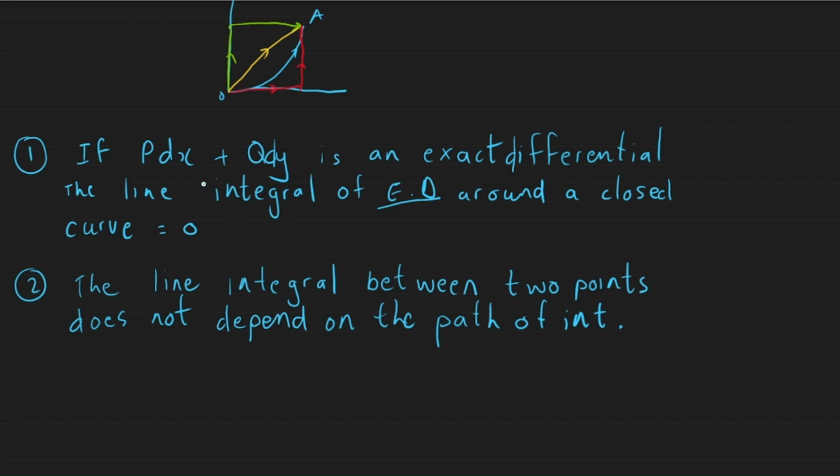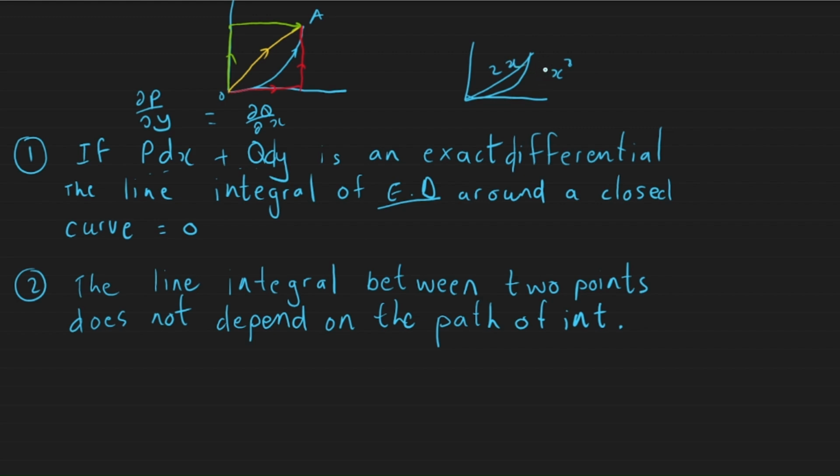We proved that the function we're integrating was an exact differential by taking ∂P/∂y and ∂Q/∂x and showing that they are equal. Once we proved it was an exact differential, we integrated along the two paths, one was 2x squared, and along 2x.